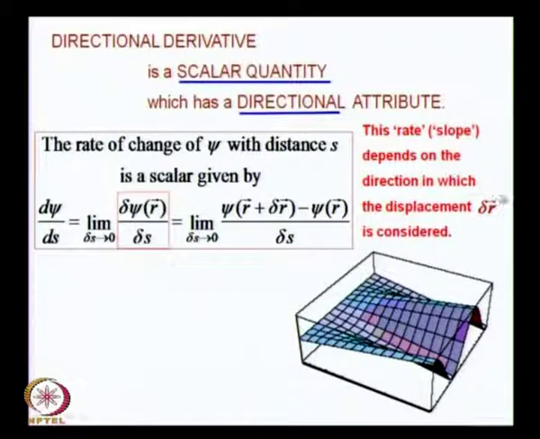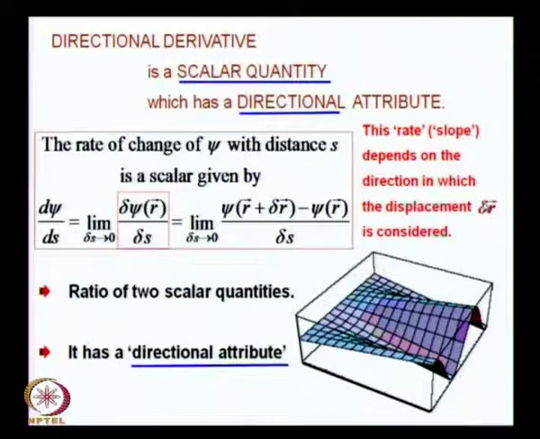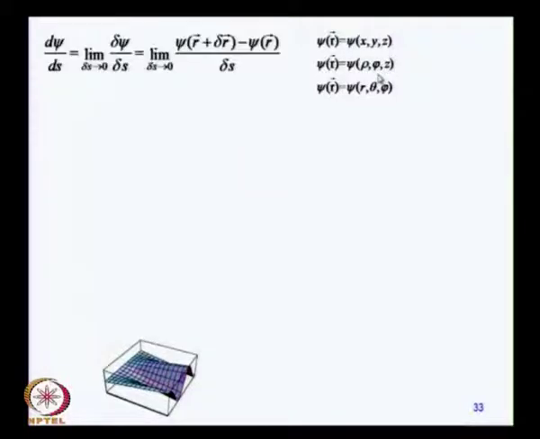Because the direction of this vector delta r is important, we need to consider our formulation regardless of the choice of the coordinate system, whether it is Cartesian or polar, cylindrical polar or spherical polar, no matter what.